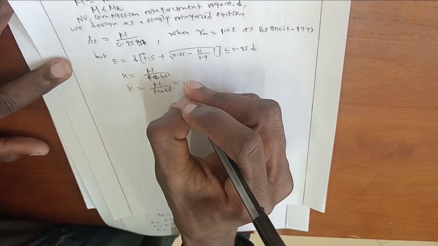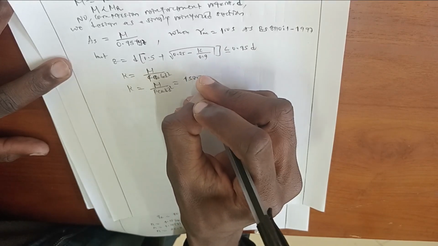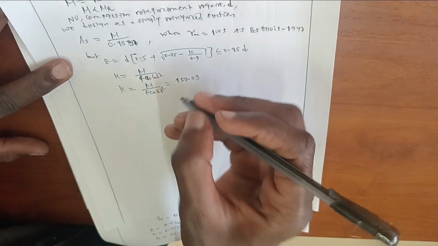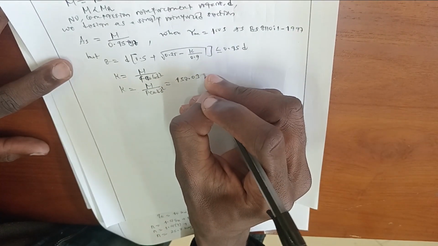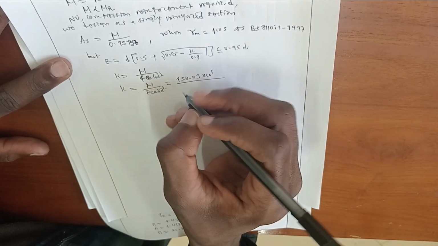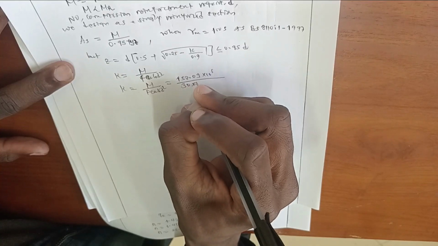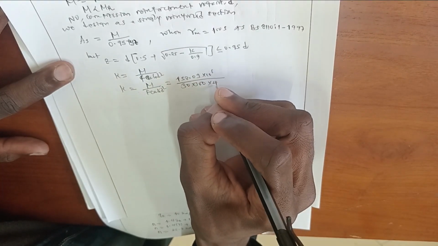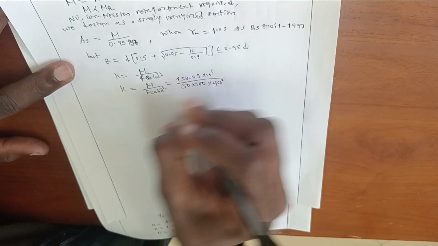The maximum design moment was 158.03 kilonewton meter. To make it in newton millimeter, we multiply by 10 to the power 6, divided by fcu, which is 30, times b, which is 300, times the effective depth, 400, square.